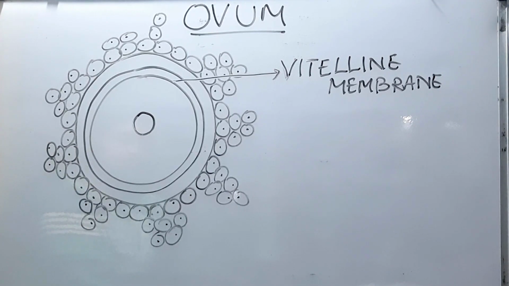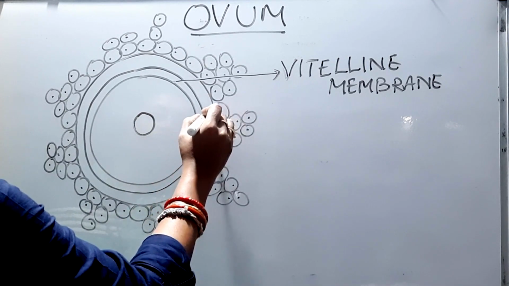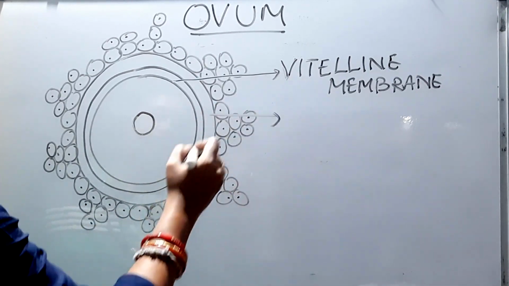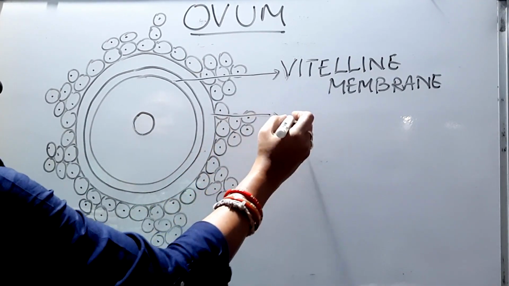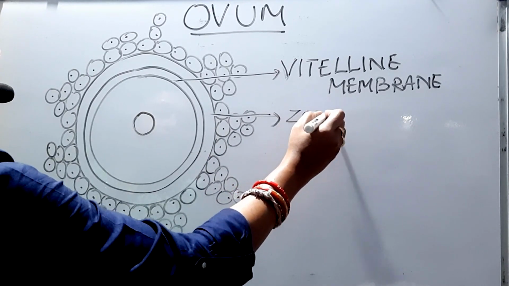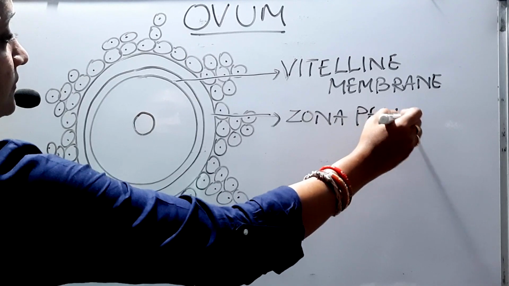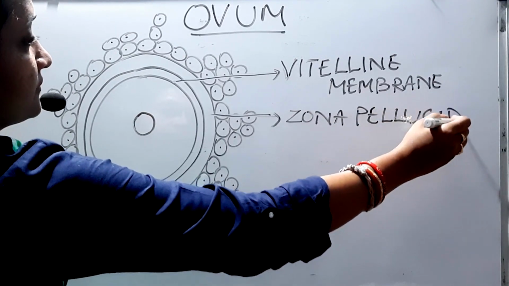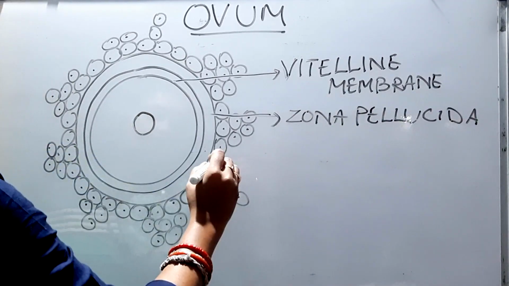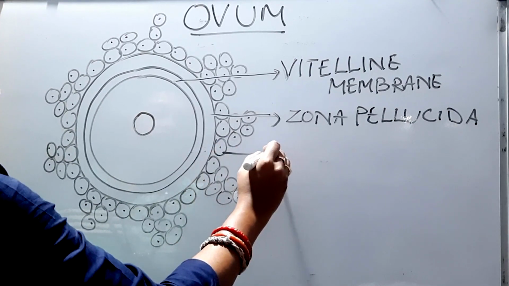The outermost egg coat is the corona radiata, and the egg coat which is present outer to the vitelline membrane is known as zona pellucida. So, label this part as zona pellucida. These are the cells of corona radiata.